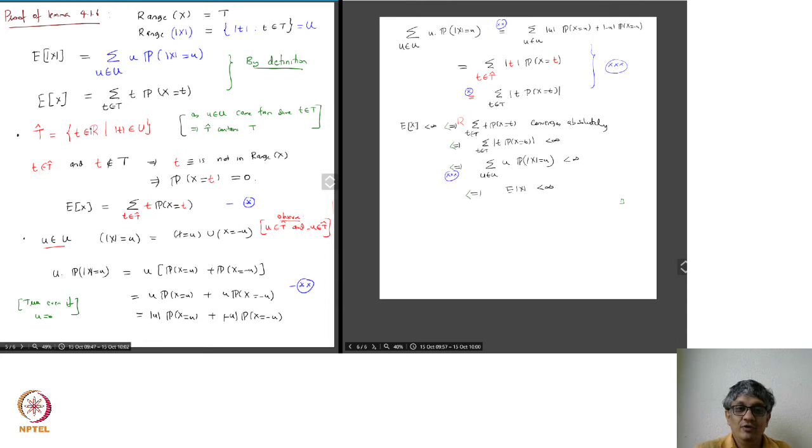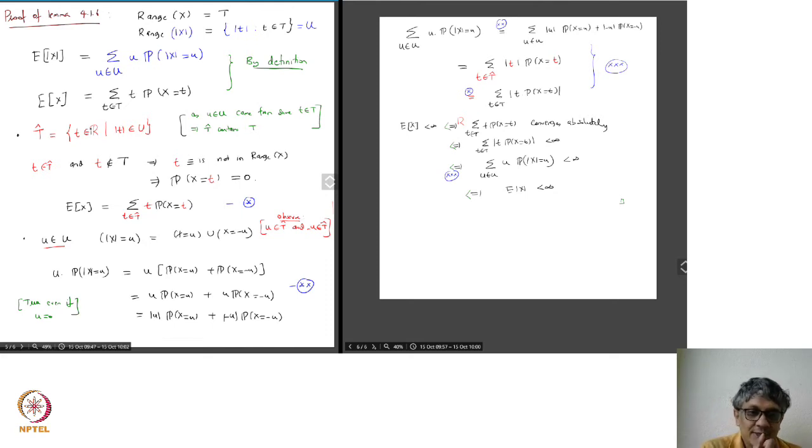Therefore E of X is the sum over t in T hat of probability X equals t times t, because what's not in T will get 0 probability and it will just match up with the definition of E of X. So then you just do the reverse.